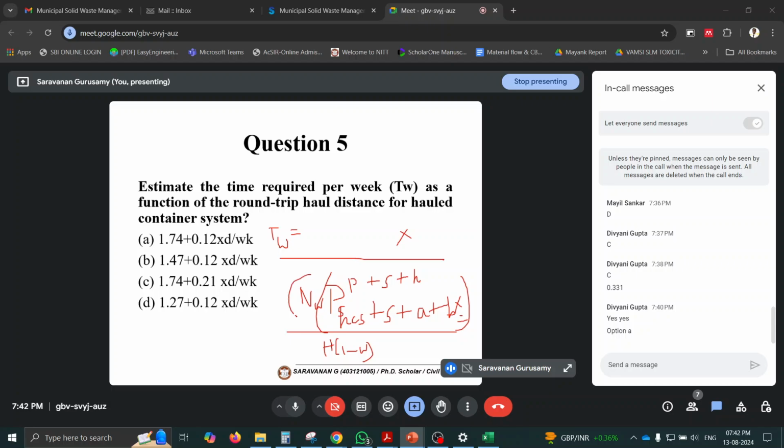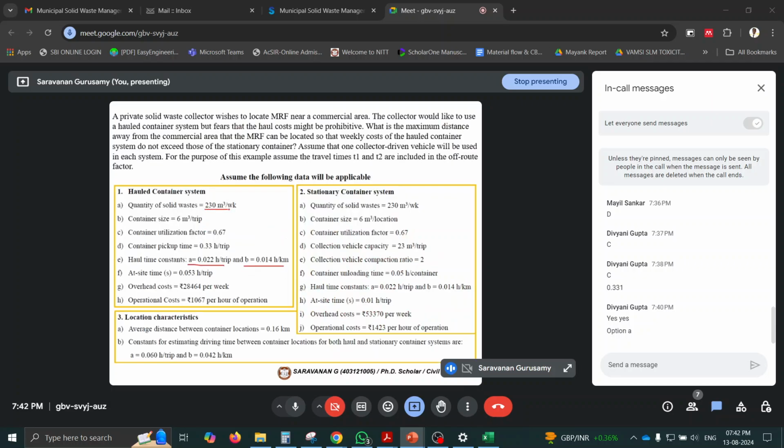So NW you can find with how much waste is generated. So waste quantity 230. Then we know the container utilization factor and the size of the container. 230 by 6 into 0.67. I mean container utilization factor, not the compaction factor. In 6 meter cube of container, we are only using 0.6. That is 60% of the container we are using. Other 40% we are not having any waste. So 6 into 0.67. 230 divided by this value will give you the total quantity of the waste.